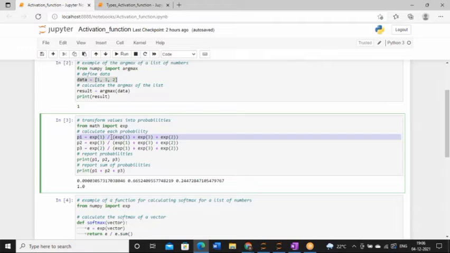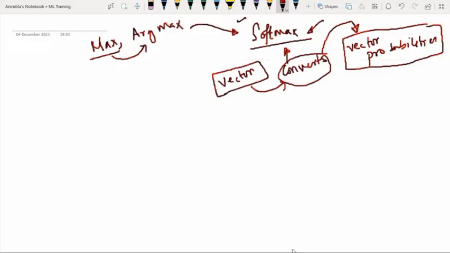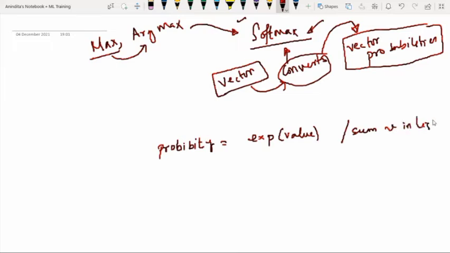So first I'm showing you the concept. If I am talking about some kind of probability, then we have to deal with some exponential values, meaning we have to perform some kind of scaling. Scaling means the exponential value of a variable divided by the sum of the exponential values of all variables in the list.